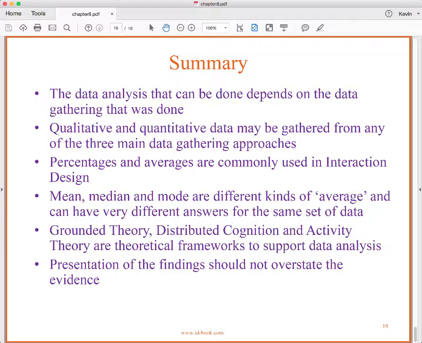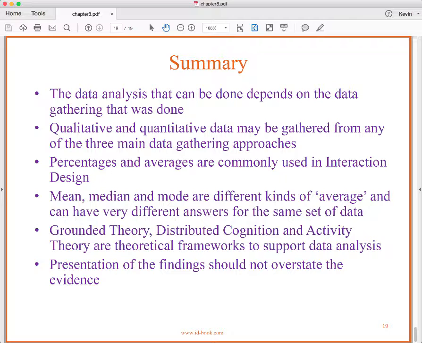So, this is a summary slide, and we haven't used up a lot of time, so I'll take a look here. The data analysis that can be done depends upon the data gathering that was done. One of the things that you'll see people do a lot is think about the kind of analysis they want to do before they go and gather the data.